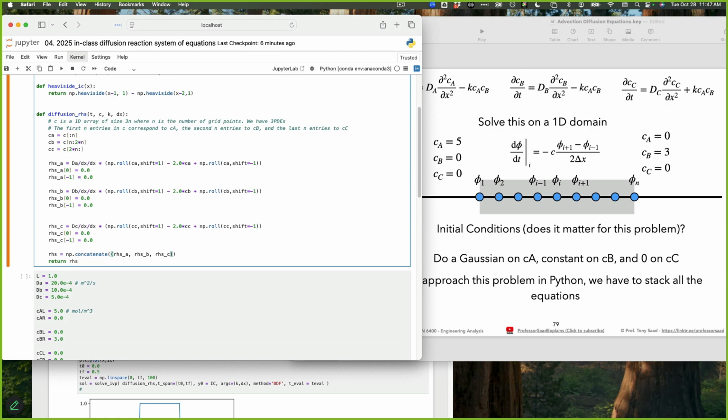So now we went back to what solve IVP understands, a huge list of ODEs, and it's just going to solve them. But logically, once we go back to the right-hand side from the human mind, we need to separate CA, CB, and CC, okay?